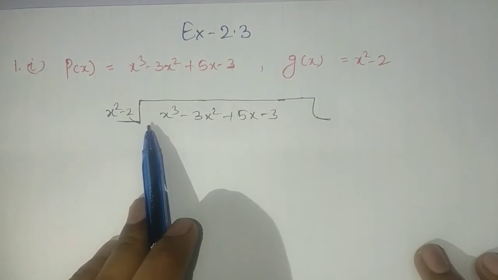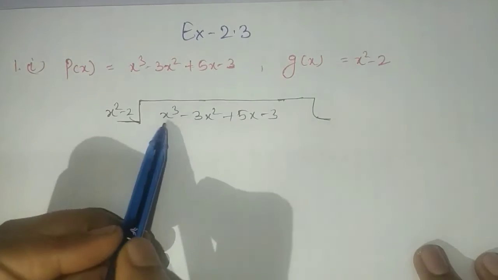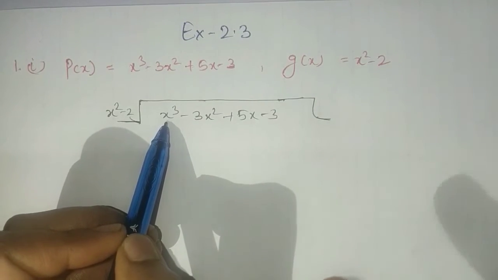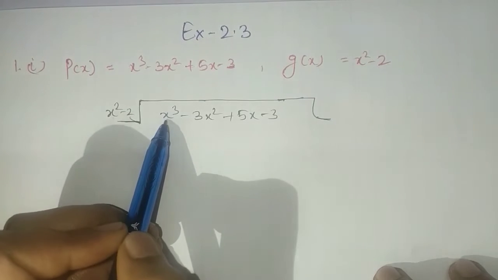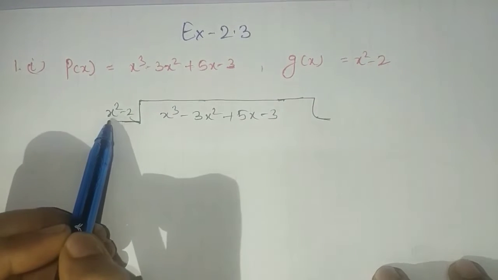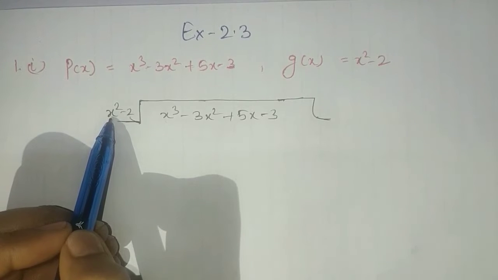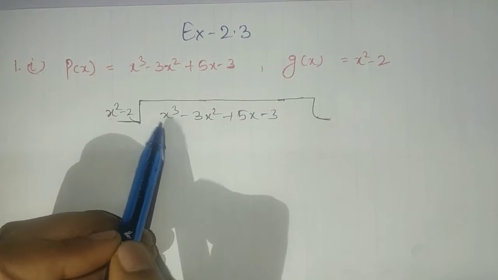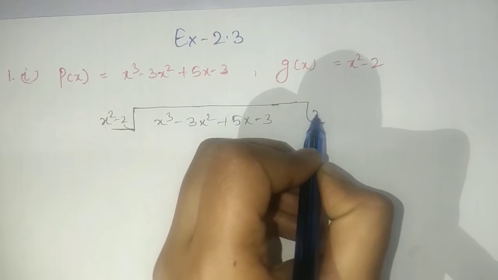Now how we will divide them? First of all, see the dividend, their first term or the highest degree term is x cube. And here in the divisor we have the highest degree term as x square. We need one more x to make this divisor as x cube. So we need one more x.